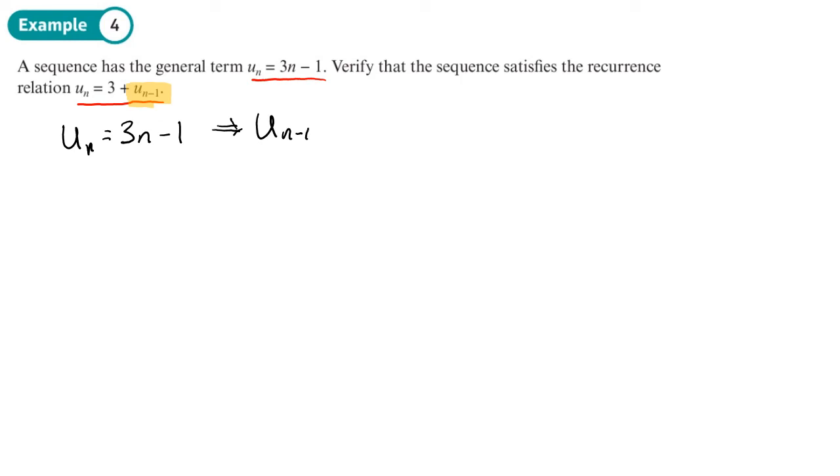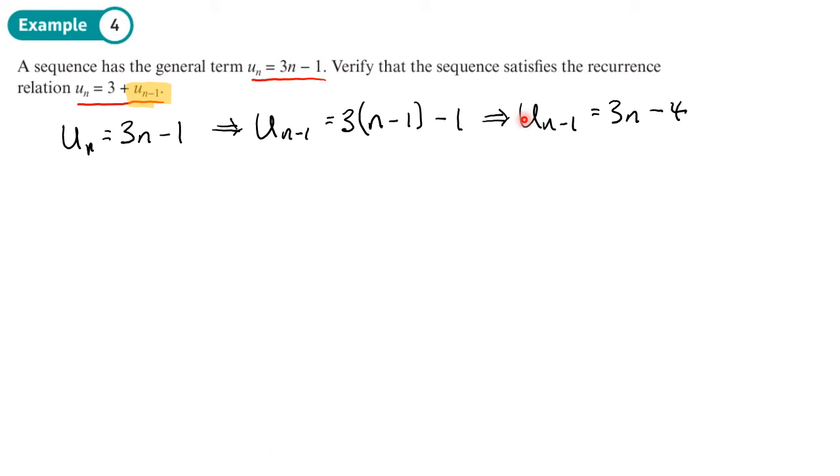Now if I take 1 away from n, if this is n minus 1, this needs to be n minus 1, so (n minus 1) minus 1. That can be simplified. So I'll have u_{n-1} equals 3n, then it'll be minus 3 minus 1, so minus 4.